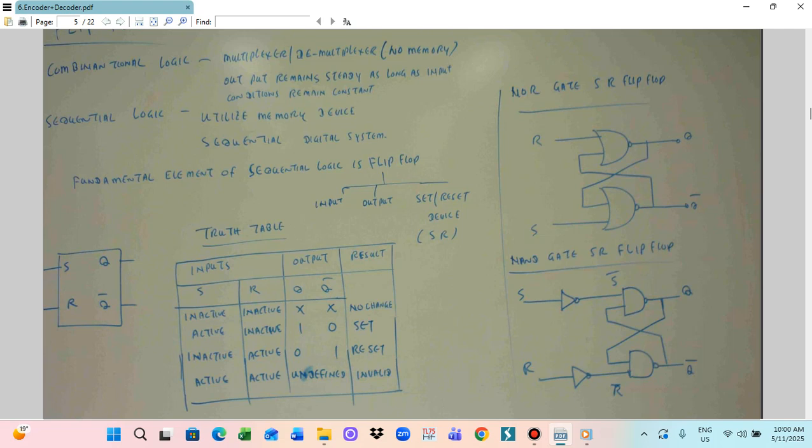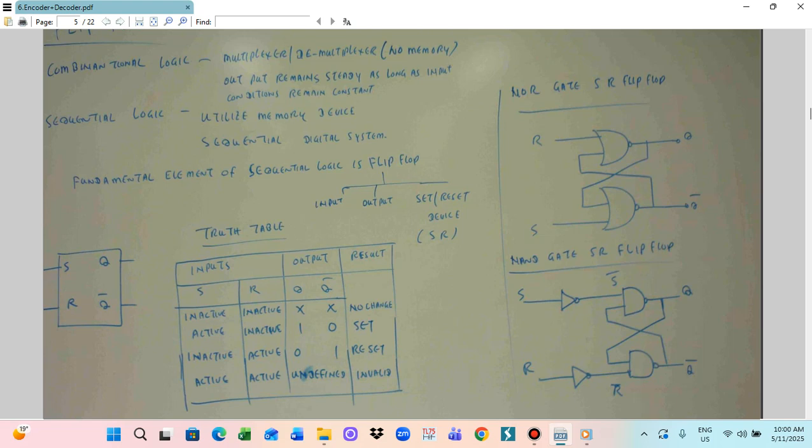So that will be Q will be 0, Q bar will be 1. So the condition will be the reset. And when the input is S active and R active, in this case the situation is undefined. Undefined situation. So this is invalid.